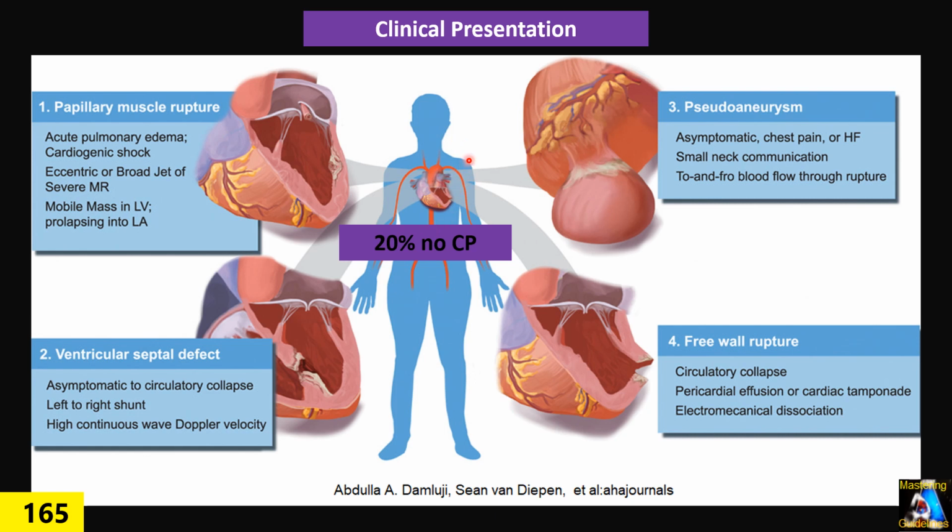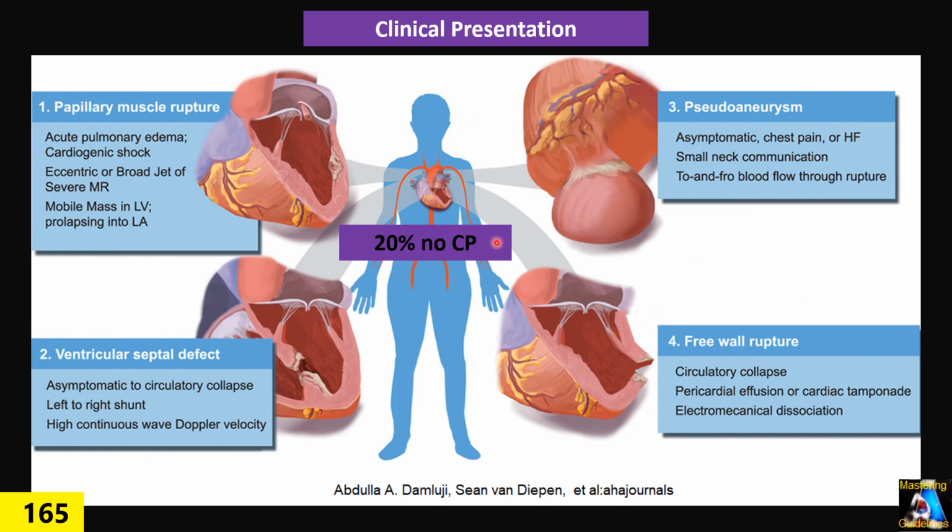There are many reasons, because of the risk factors: they are usually old, women, and have other risk factors like diabetes, high blood pressure, anemia. So they don't present with the classic acute myocardial infarction.